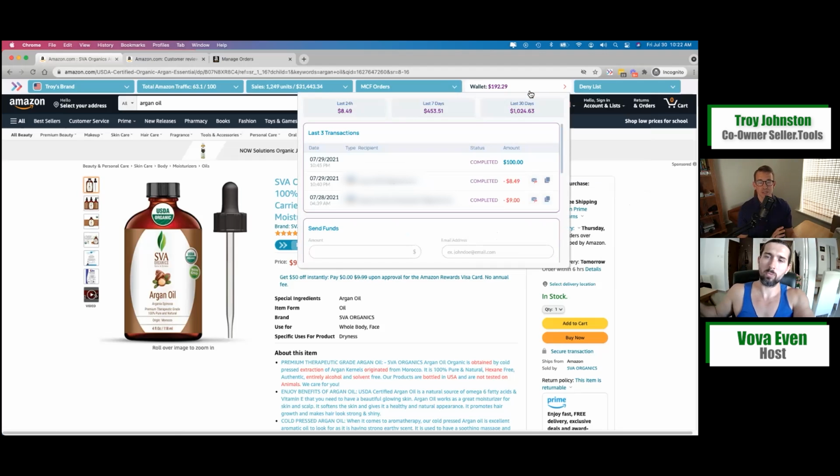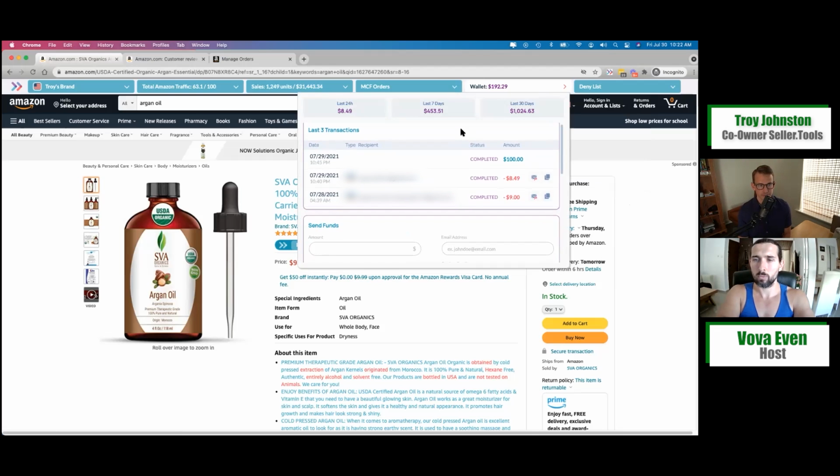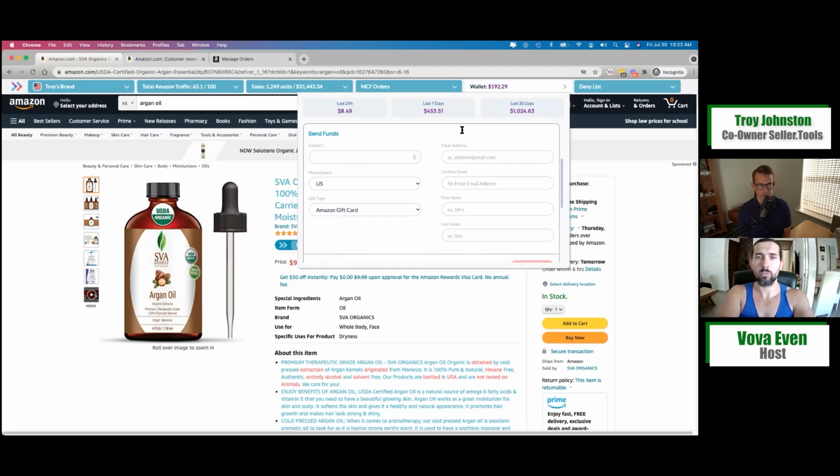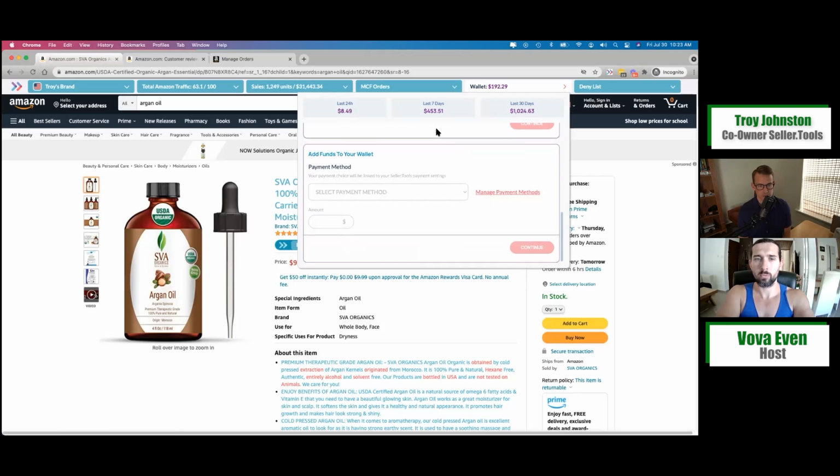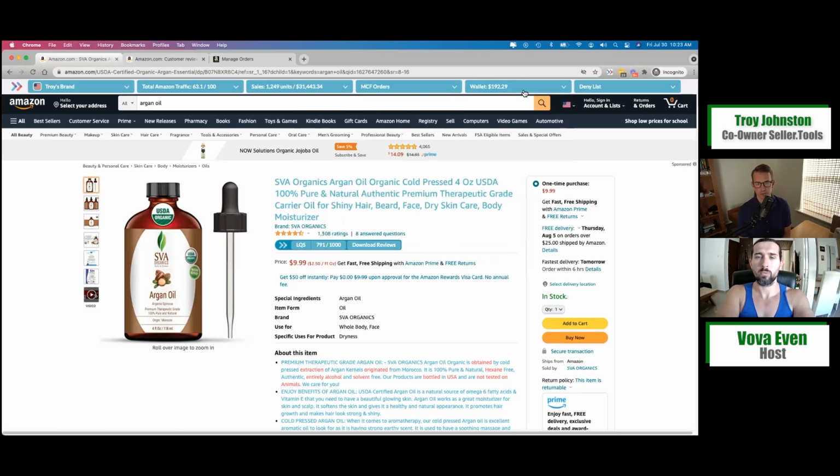So if your team is supporting different rebates, promotional offers, they can come in, add funds, send funds, and manage it all right here in the Chrome extension. We just wanted to make it super convenient. This can be done in the Seller.Tools wallet and in the Seller.Tools dashboard, but a click away here in the Chrome extension, it's just really easy to tap into that.